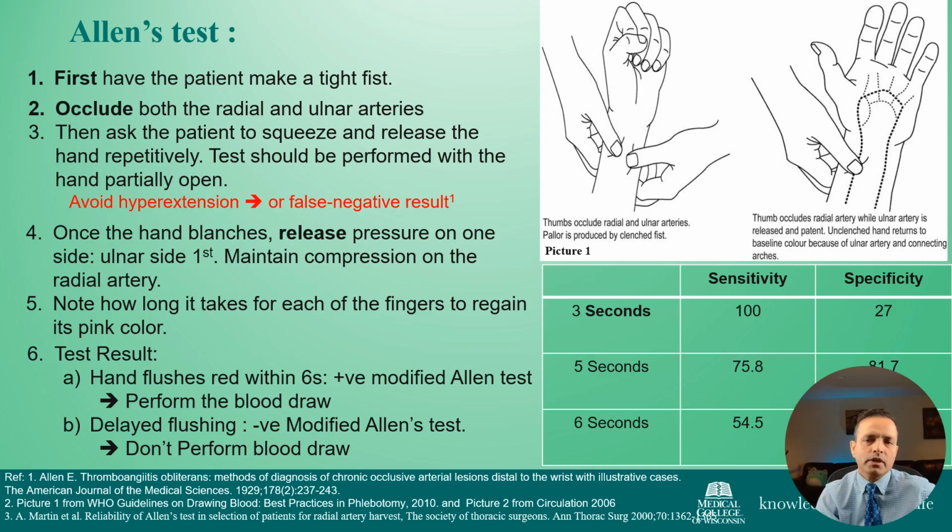That means you can perform the blood draw. But if there is no flushing, if there is a delayed flushing, that is after 6 seconds, then that is called negative modified Allen test. Means there is no robust connection between those two arches, and you should not be performing blood draw.